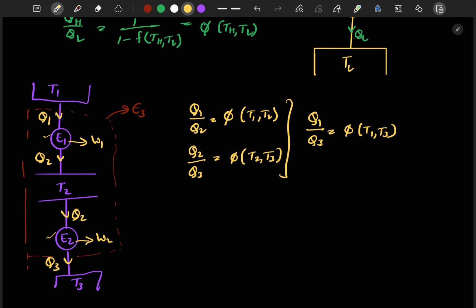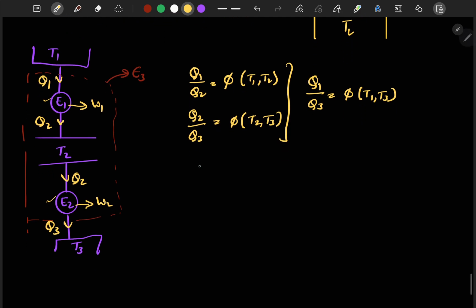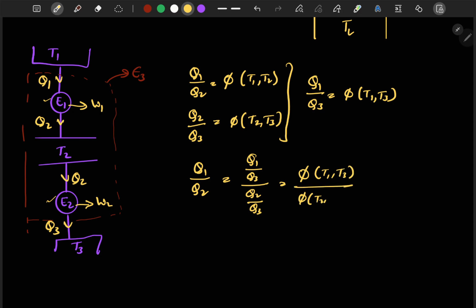Now next, I can write Q1 by Q2 as Q1 by Q3 upon Q2 by Q3. So this can be expressed as phi of T1 comma T3 upon phi of T2 comma T3. Now if we consider that our sink temperature is constant, I can write it in another function form, that is psi of T1 upon psi of T2.